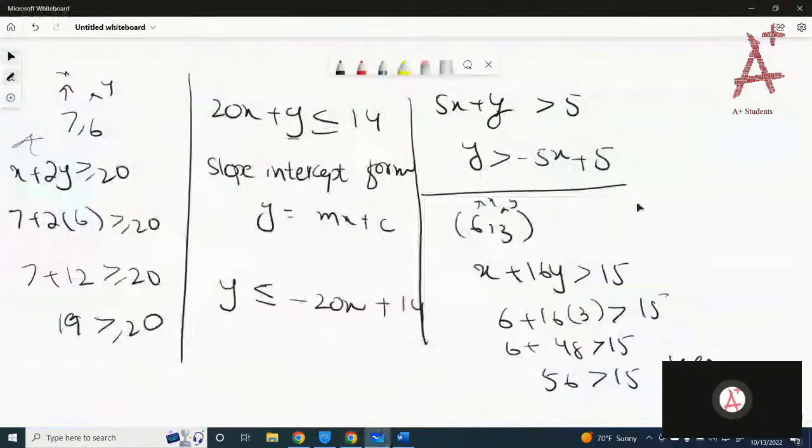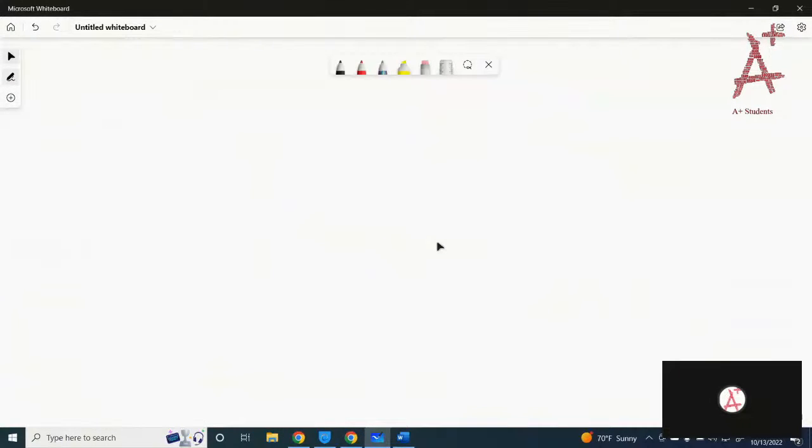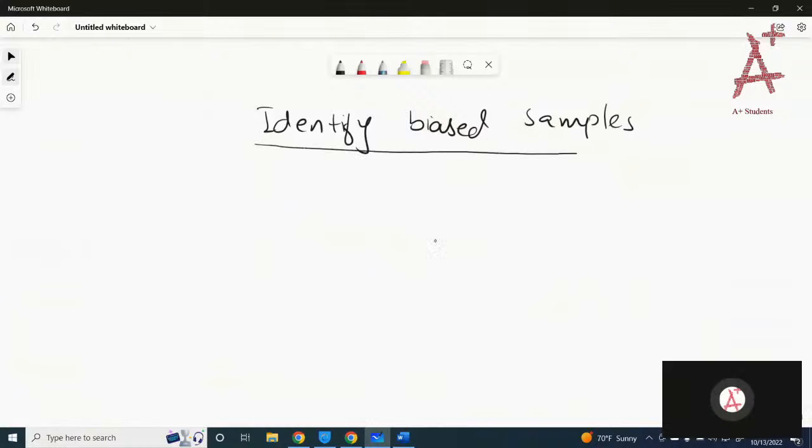Okay, let me write down the topic name. First, we're going to see what biased samples are. I'm going to write the definition of biased samples on the board. Please note down the definition.